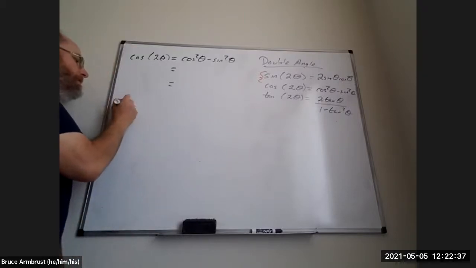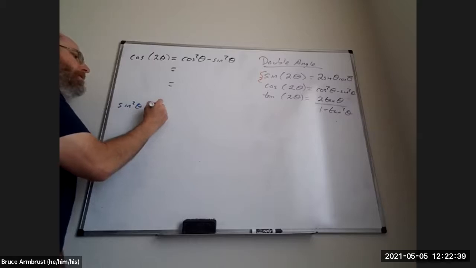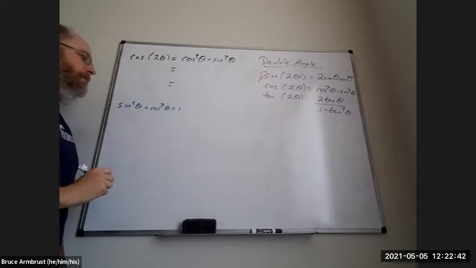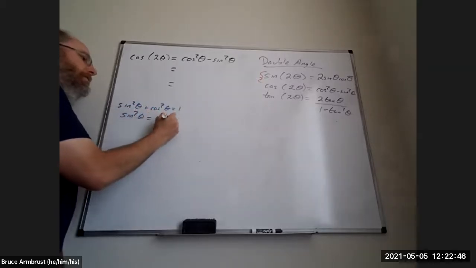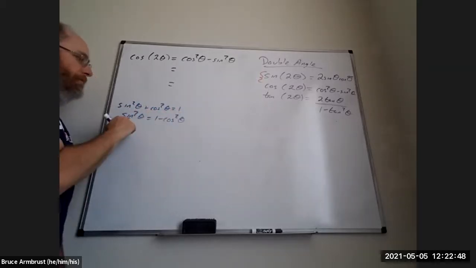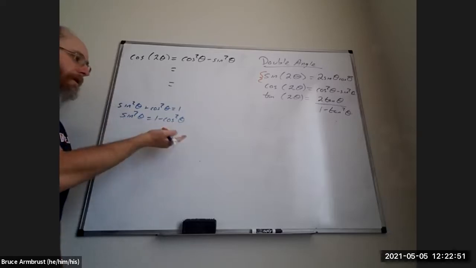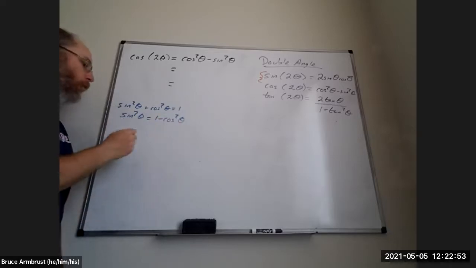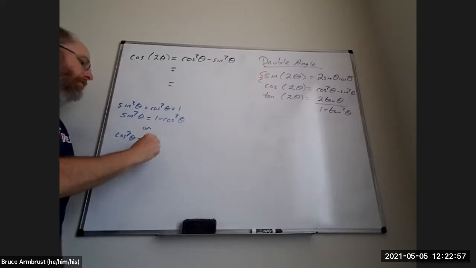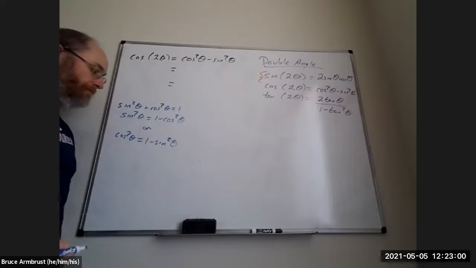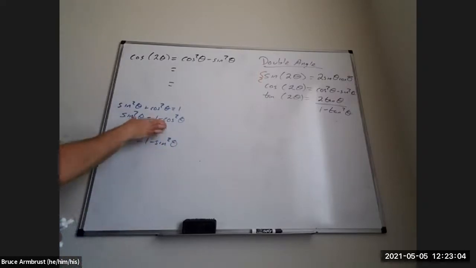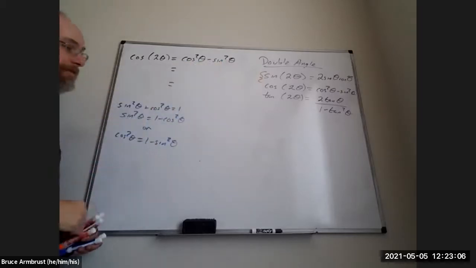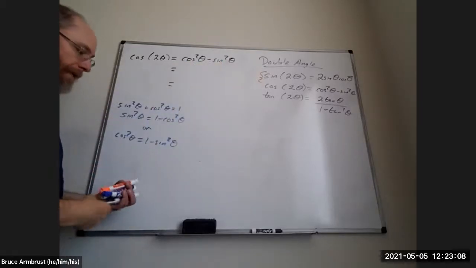So remember that sine squared plus cosine squared is equal to 1. So I can actually solve this for either one of them. For example, I could write sine squared equals 1 minus cosine squared, or I could write cosine squared equals 1 minus sine squared. And what I can do is substitute these in for the respective pieces in the identity.